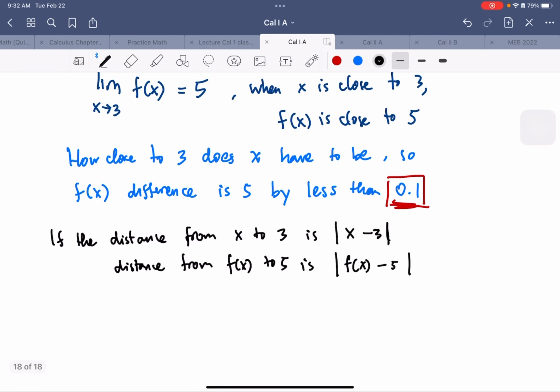So our problem is that the difference in the function will be less than 0.1. That's our problem. We stated 0.1 at the beginning, so we write that we want the closeness of f and the number 5 to be less than 0.1. That's our problem statement. And then we want to know how close x is to 3. That's the one that we want to find.